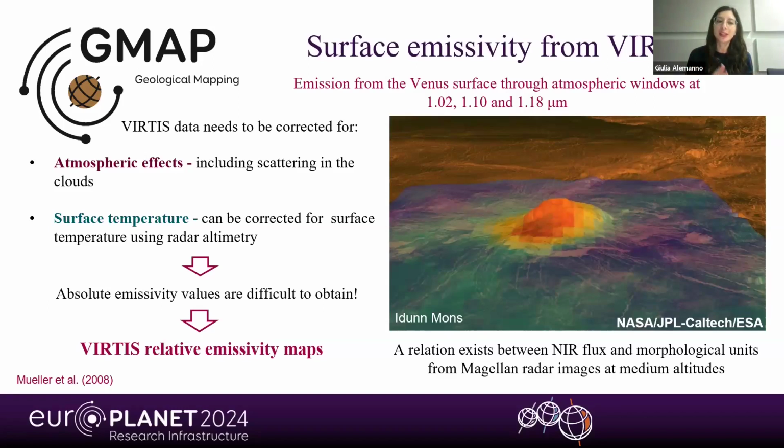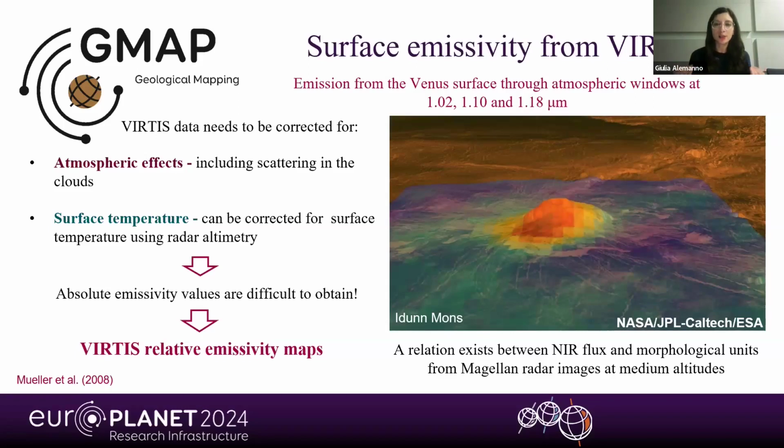Also, surface temperature can be constrained using radar altimetry. So taking the temperature indication from the radar altimetry and using some models known as radiative transfer models, it is possible to retrieve emissivity. However, it's not possible to retrieve absolute emissivity, but what we can work on is a relative emissivity map.